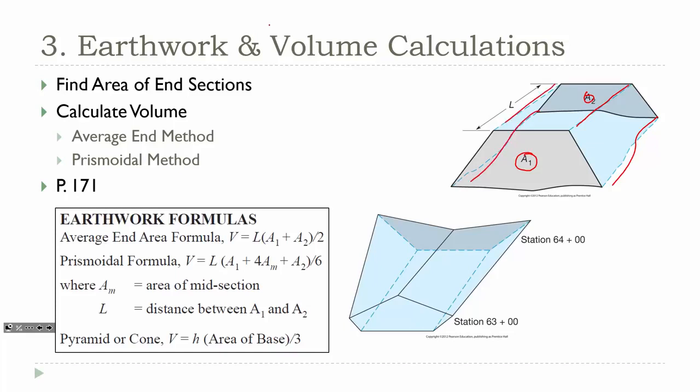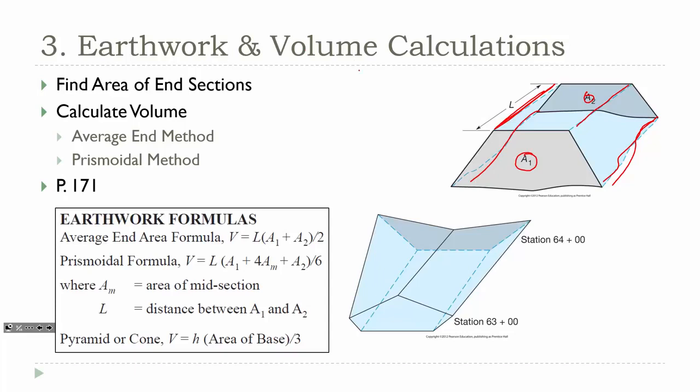The area calculation should be precise as long as you don't have any parabolic or curved edges, because if they're all connected by straight lines, then the coordinate method is definitely going to give you the exact answer. The volumes, on the other hand, are approximations when it comes to earthwork because it's never a solid straight line in between. It's always something curved, and it's not necessarily going to be a uniform segment.